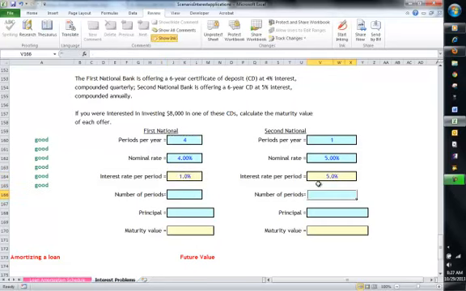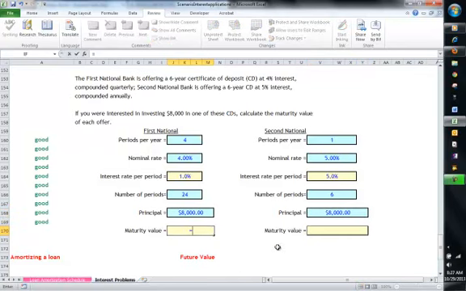Number of periods, it's 6 years, so times the number of quarters, 4. And over here it's just 6 years. Principal is $8,000. And it's $8,000 here too.